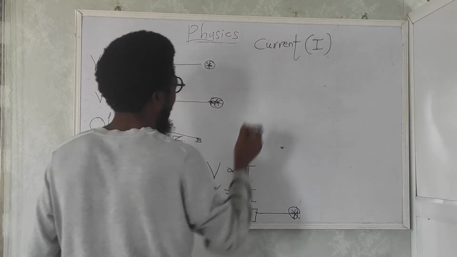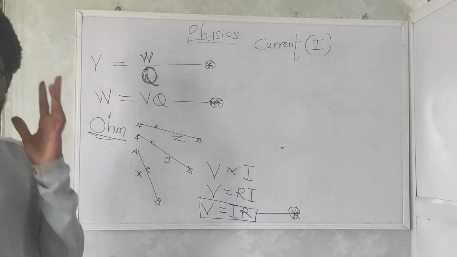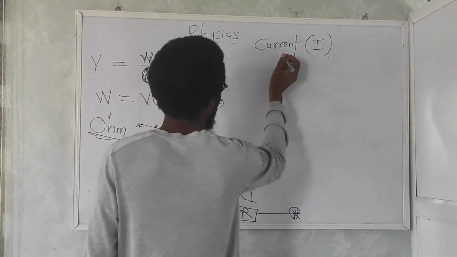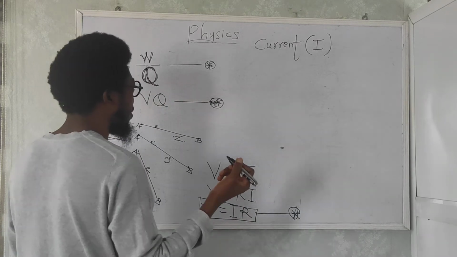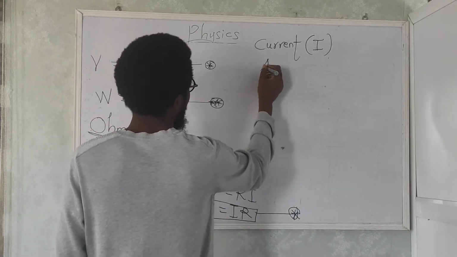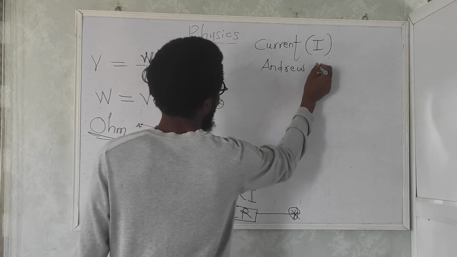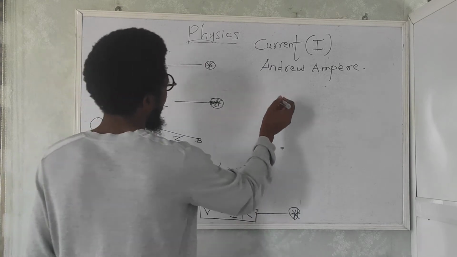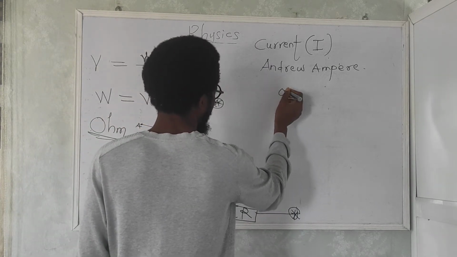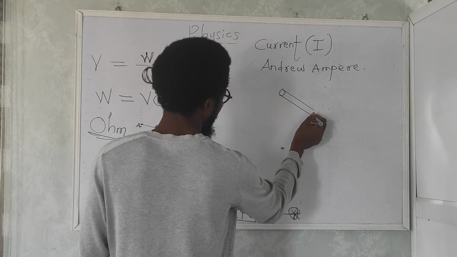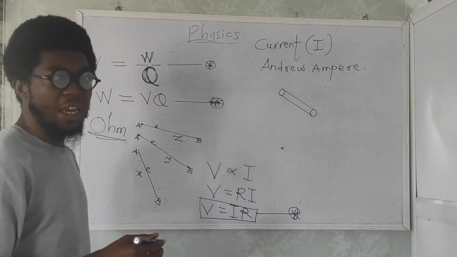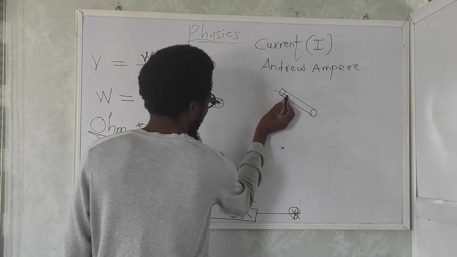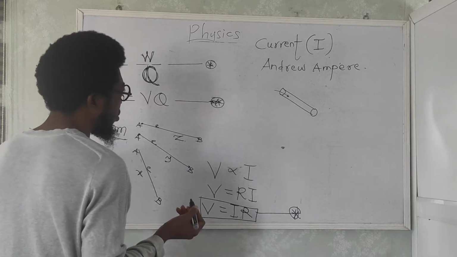And that thing that we are meant to define is something that we refer to as current. Current is there with the simple symbol I, but we do not have a better idea of how we can quantify it. Let's try to imagine how somebody helped us. According to the English scientist Andrew Ampere, he looked at this and said, what if I have a pipe like this, and I decide to start pouring tiny particles like rice, like grain here.